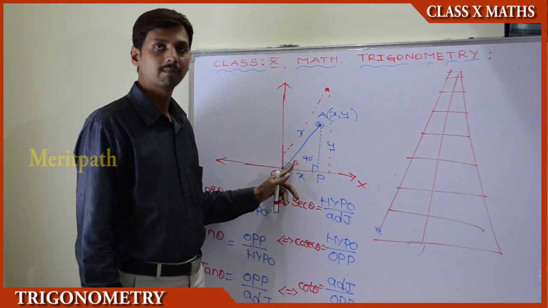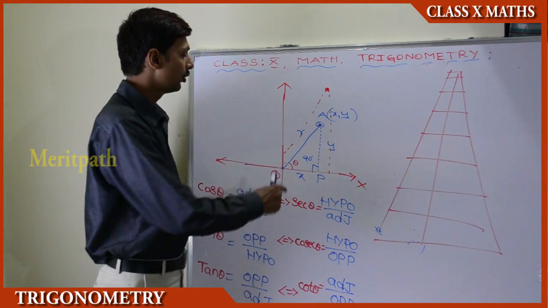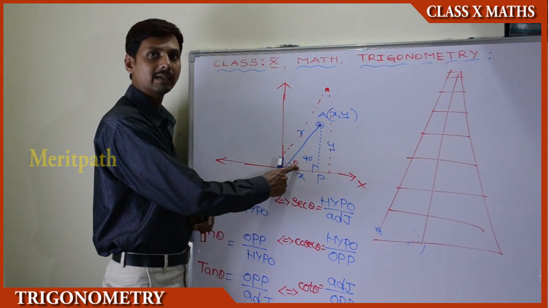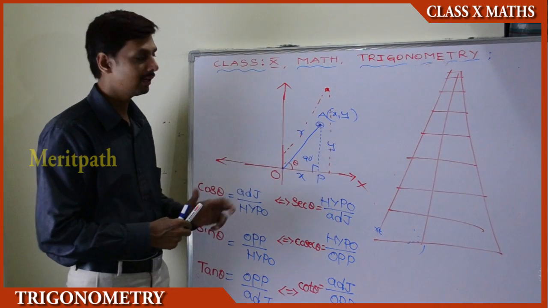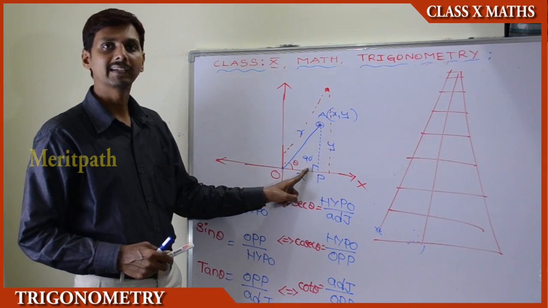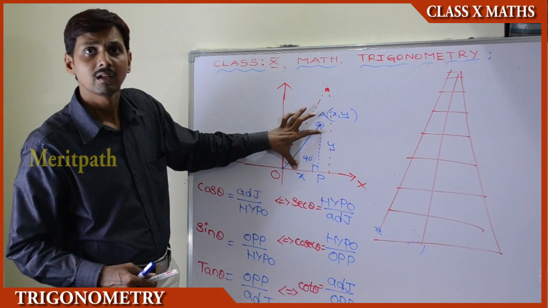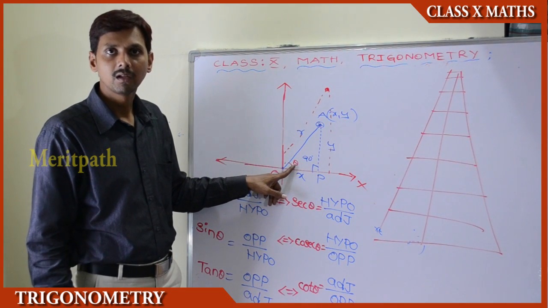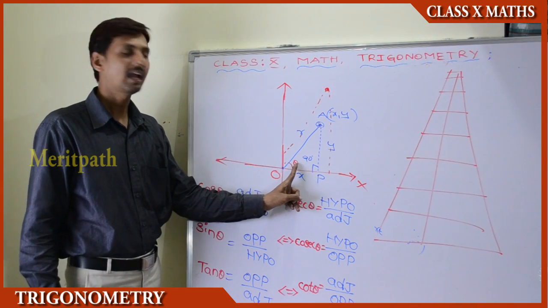We will find the 6 trigonometric ratios using theta. This theta is defined as an acute angle, because this is a right angle triangle. In a right angle triangle, one angle is 90 degrees and the other two angles are acute angles. That's the reason we define all the trigonometric ratios using an acute angle.